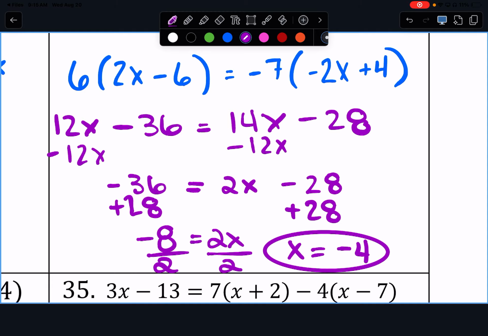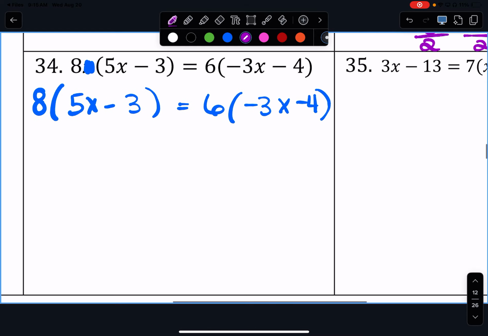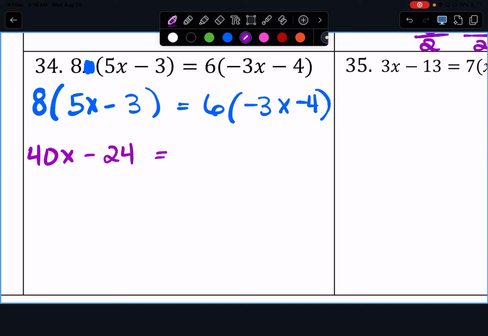Now I want us to look at 34. Okay, for 34, what should the next line be? Minus 24, right?